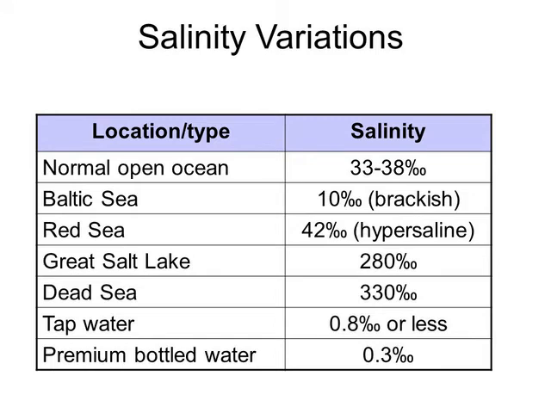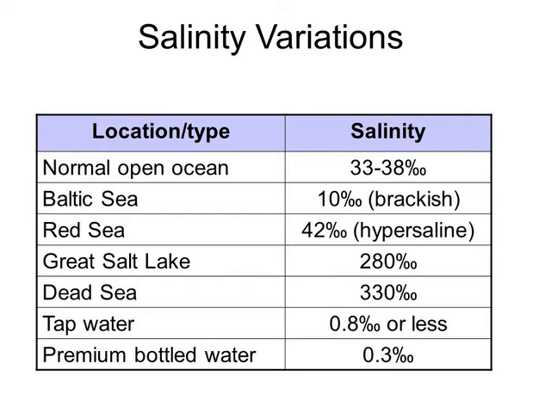Here are some examples of salinities from water bodies around the Earth. Normal average open ocean salinity ranges anywhere from 33 to 38 parts per thousand, depending on where you are in what ocean basin. There are places that are not as salty as the open ocean, like the Baltic Sea, which is at 10 parts per thousand.